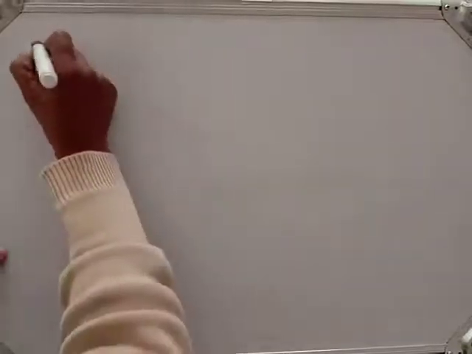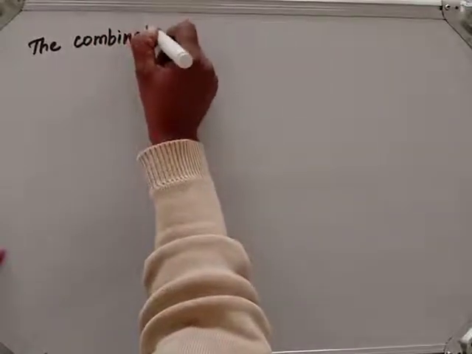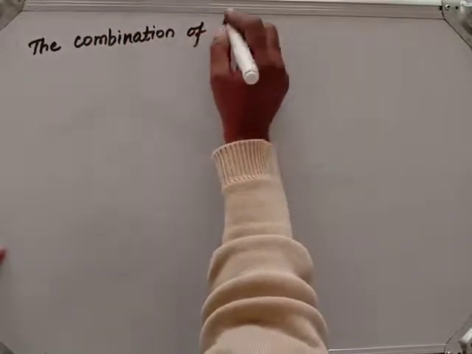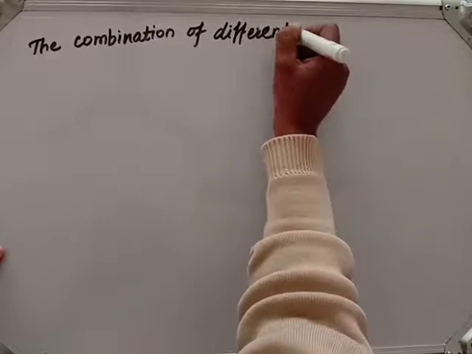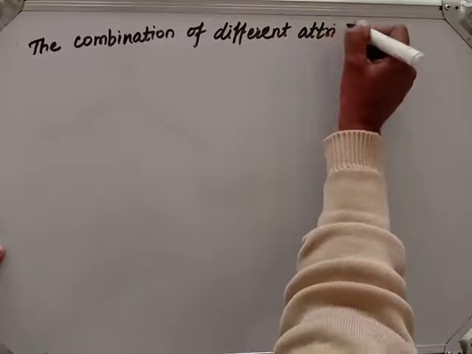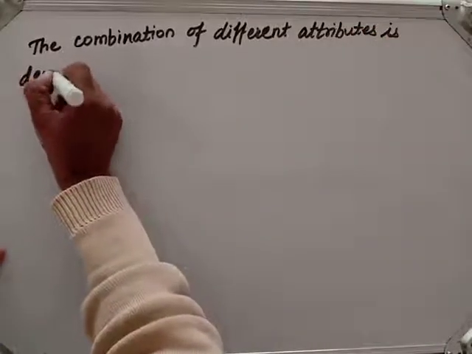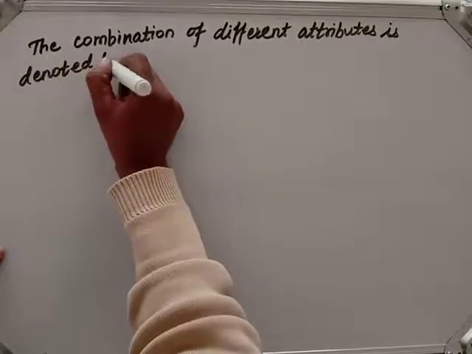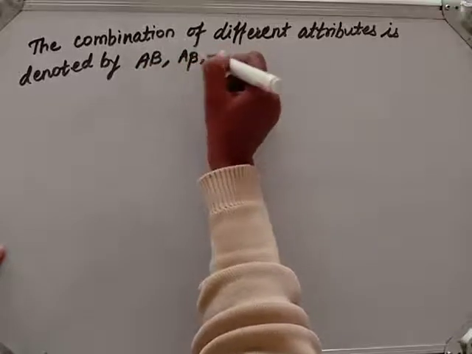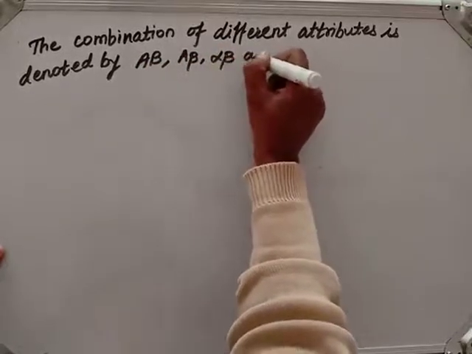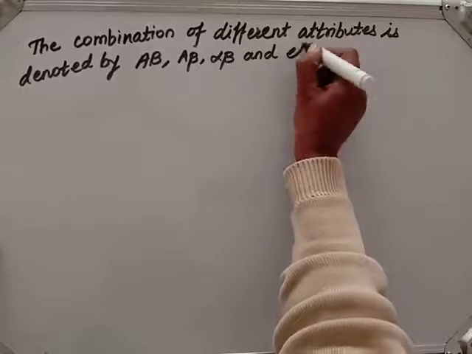The combination of different attributes is denoted by AB, A beta, alpha beta and so on.